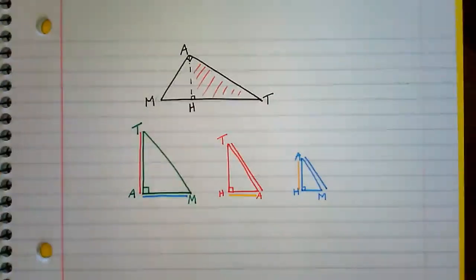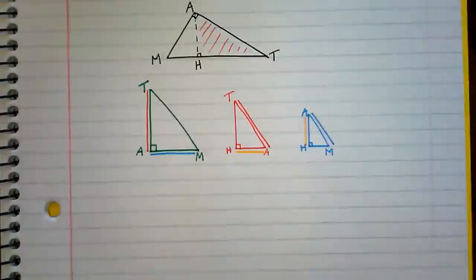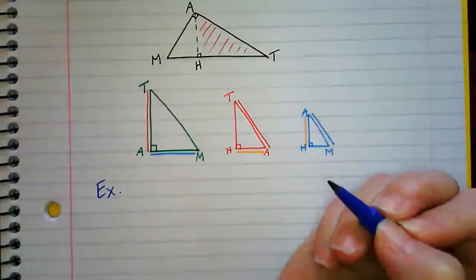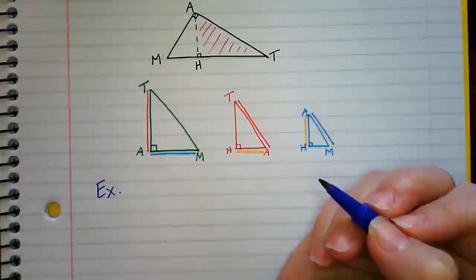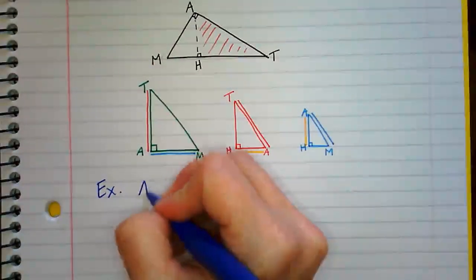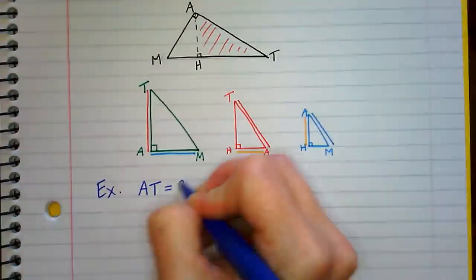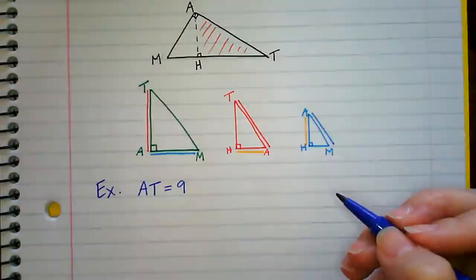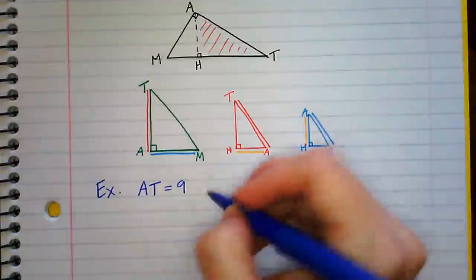All right, so now for our example, let's say that I am going to tell you that AT is 9. So AT is 9. I'm going to tell you that HT is 4.